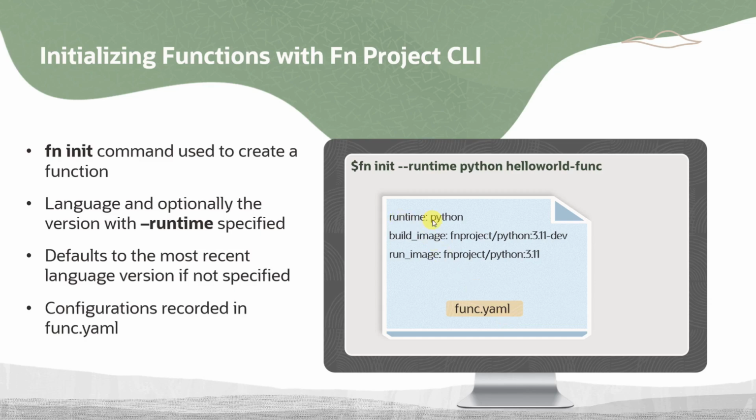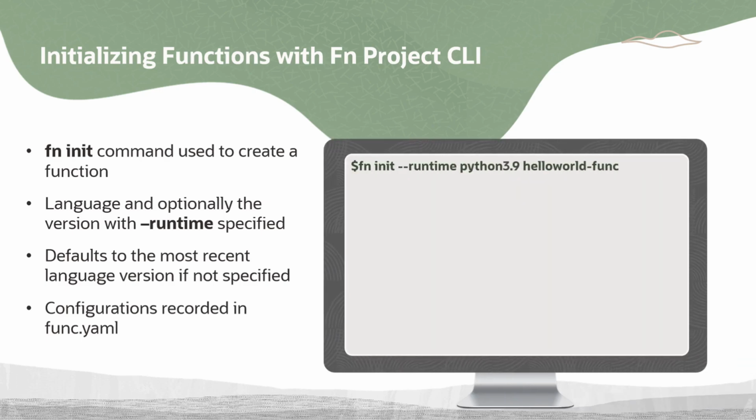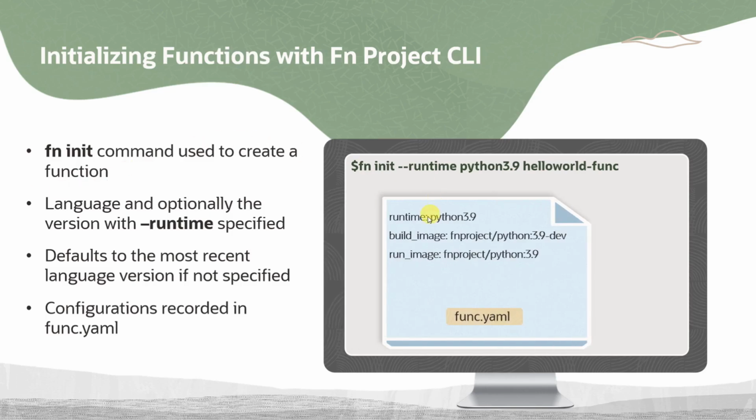It adds the runtime parameter, the build_image parameter, and the run_image parameter. If you specify both a language and a version as the value of the --runtime option, the Fn Project CLI adds the corresponding version of the language's FDK build-time and runtime base images as values for the build_image parameter and for the run_image parameter.